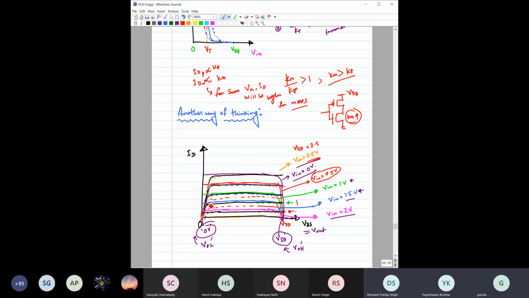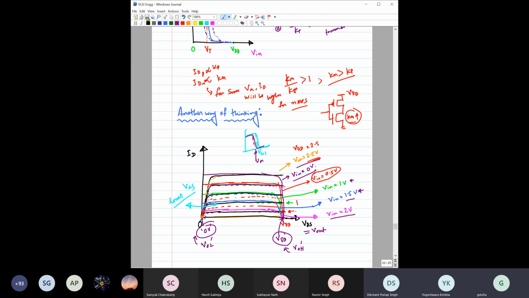But here, to get the previous black line you need lower VGS, because you have increased this Kn. So you will need lower VG to get this transition from this region to this region.